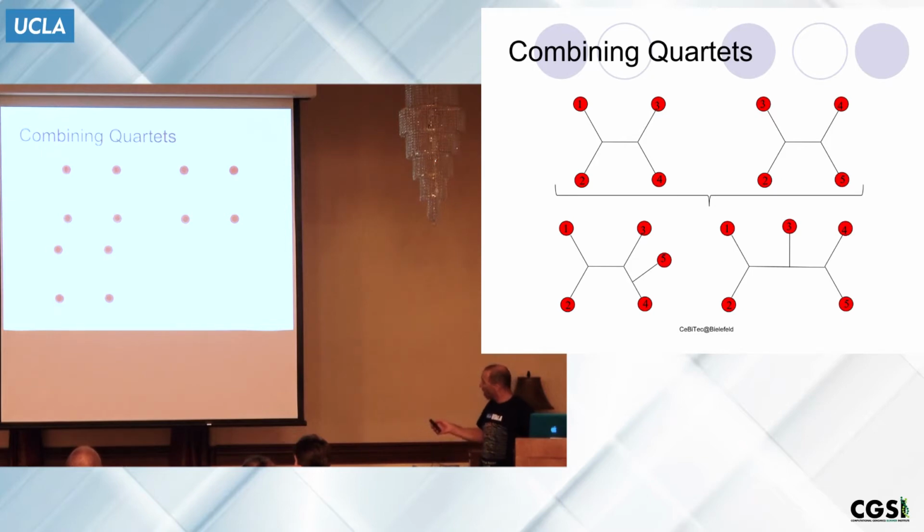We have these two quartets over 1, 2, 3, 4, and here 3, 2, 4, 5, and we are wondering where to locate this guy over this quartet. Naturally we see that it must be here, because 4 and 5 are a cherry, sister taxa.